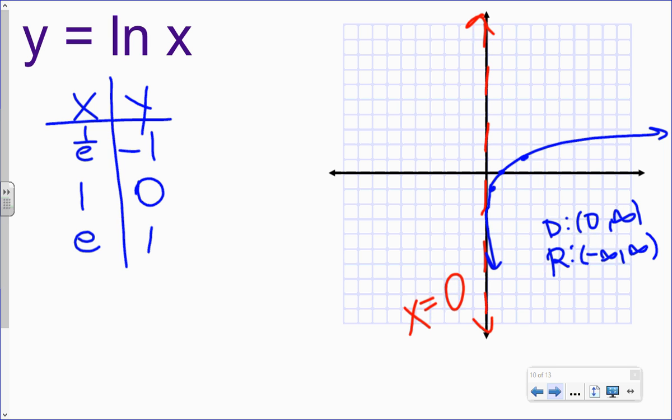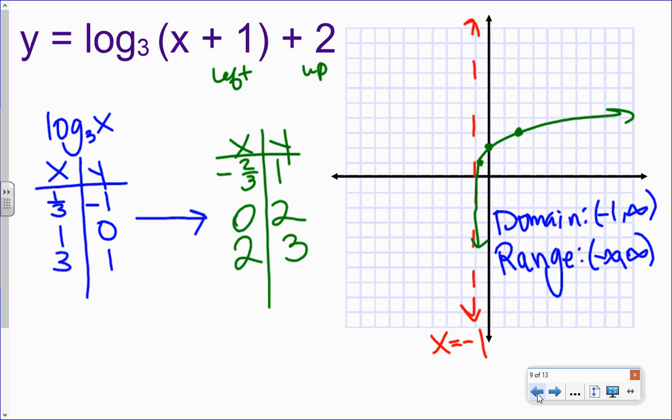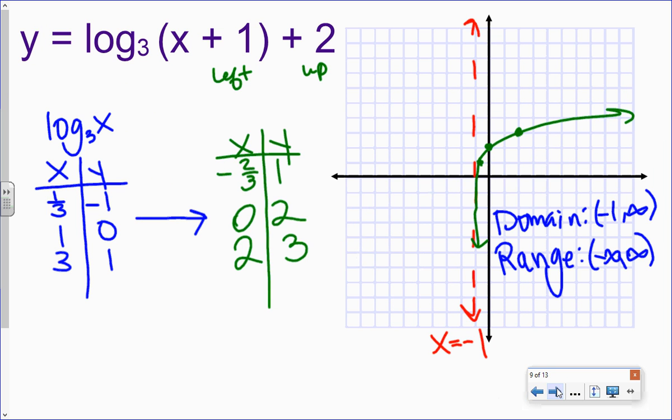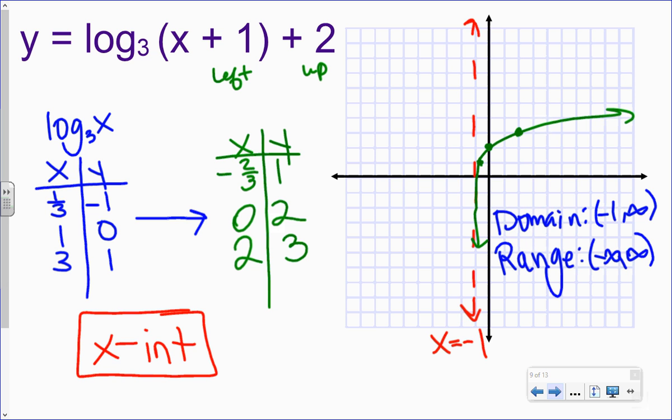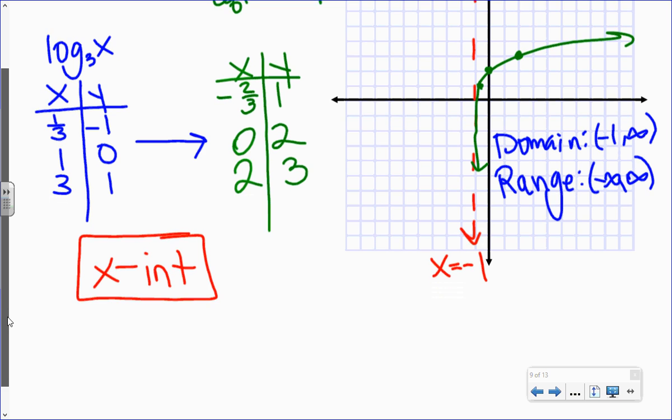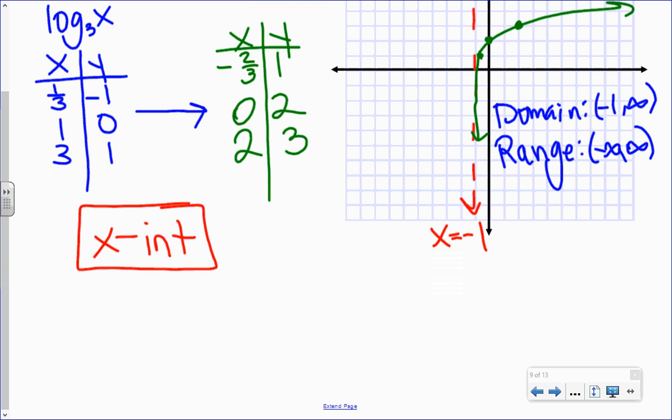There is something that I want to come back to here. I need to come back to this graph right here. What if I asked you for an x-intercept? How do we find an x-intercept?